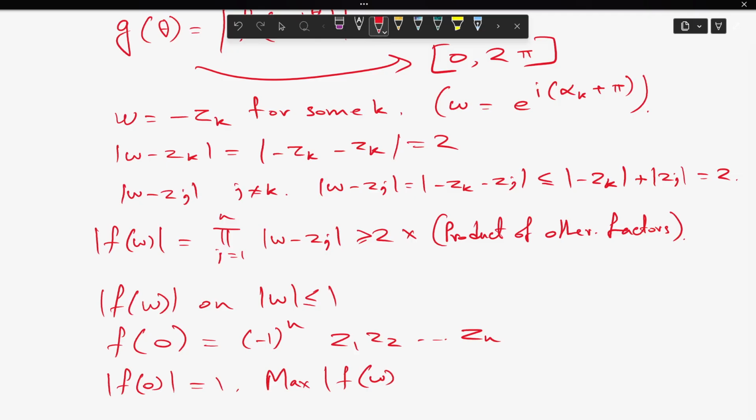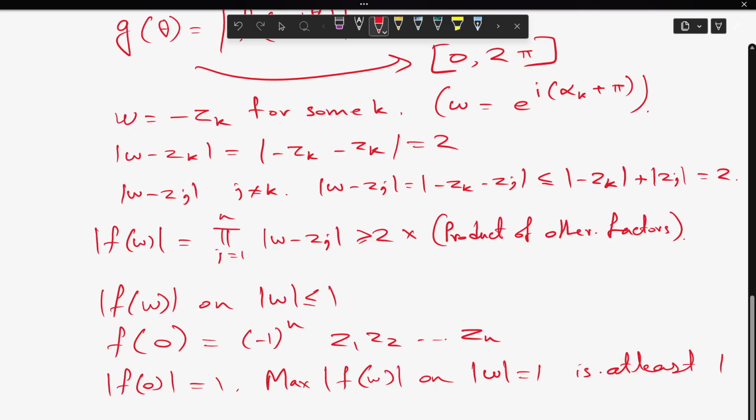then the maximum of modulus of f omega on mod omega equals 1 is at least 1. Thus there exists omega such that mod omega equals 1 and modulus of f omega is at least 1.